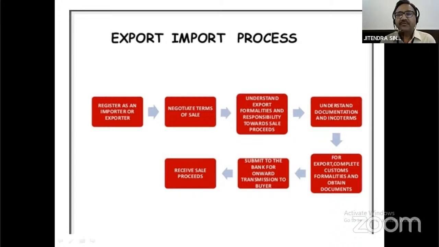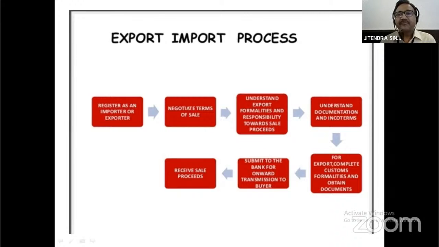So we have to understand what the legal formalities are, what the basic guidelines issued by the government, by the DGFT from time to time, are, and we have to follow those formalities strictly, because it is a matter of international trade. Now we are entering international trade. So we have to understand what the different formalities we have to furnish are.